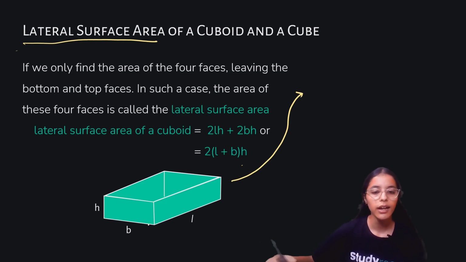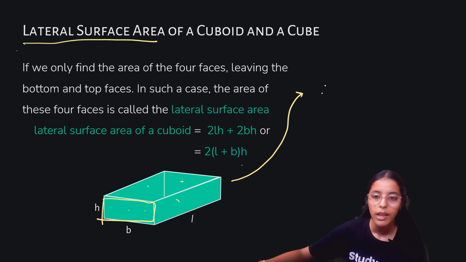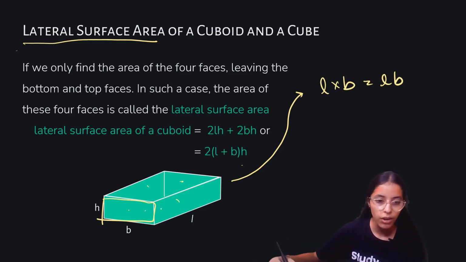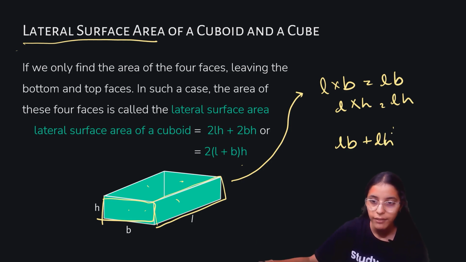To find the area, let us see how many faces we have. We have one face, two faces, these two are the same, these two are the same. So the area of this face is given as L into B, which is LB. Then the area of this face is L into H, which is LH. We'll add this up, LB plus LH.